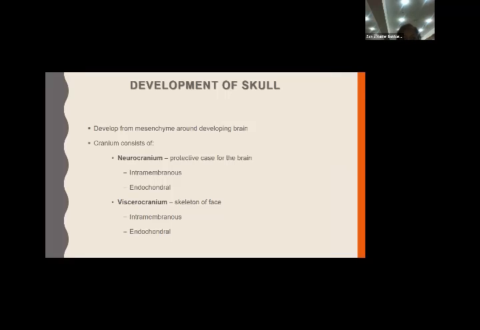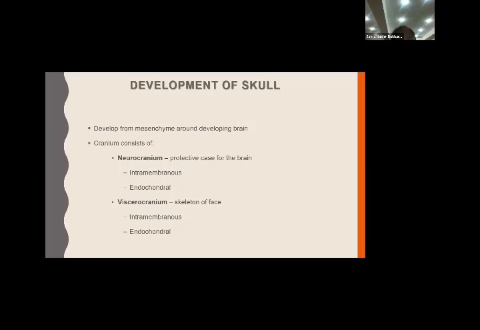ओके, डेवलपमेंट की बात कर लेते हैं. The skull develops from mesenchyme around the brain. ठीक है, तो the developing brain is surrounded by mesenchyme, and this mesenchyme then, under the inductive influence of the developing brain induces the overlying mesenchyme to develop into the skull. अब skull या cranium, जिसको भी आप कहें, cranium is that part of the skull that surrounds the brain. ठीक है, उसको हम दो में डिवाइड करते हैं, न्यूरोक्रेनियम और विसरोक्रेनियम. न्यूरोक्रेनियम वो पार्ट है that makes up a protective case for brain. ठीक है, और ये न्यूरोक्रेनियम दो तरह डेवलप करती है.